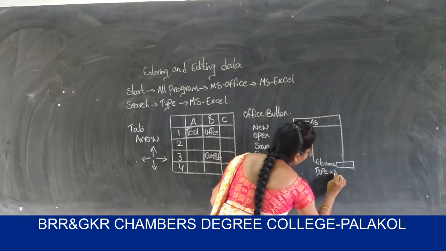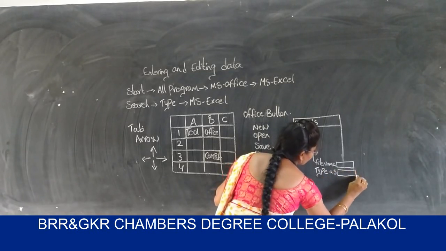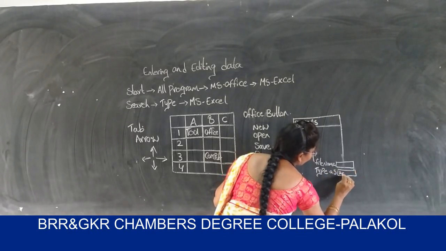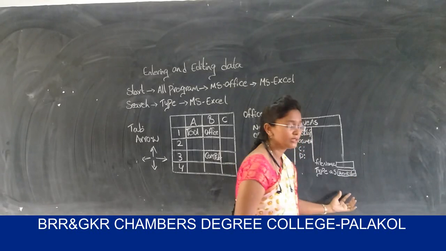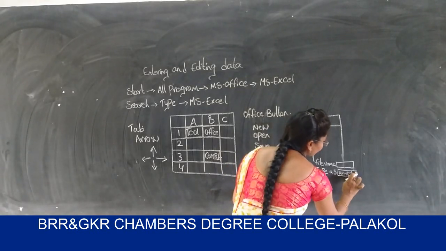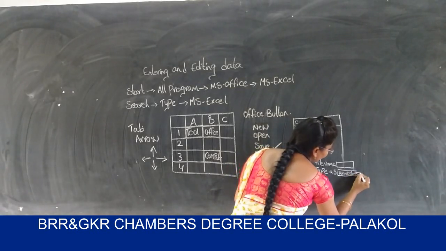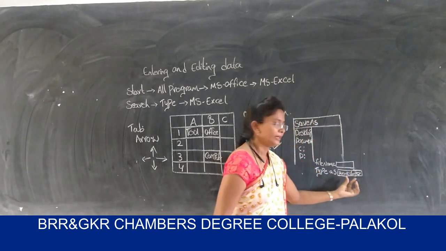The type is already worksheet, so automatically it will take it as a worksheet. If you want to change this, a down arrow mark will appear. If you click on this down arrow, you can change the type as well.